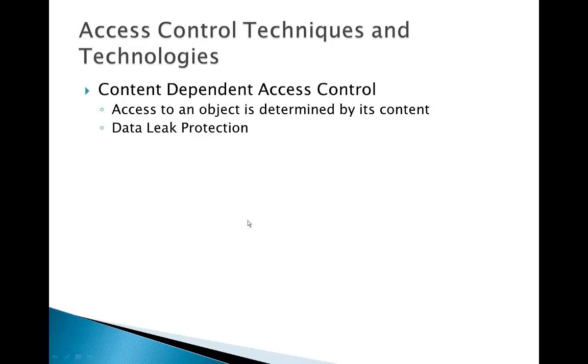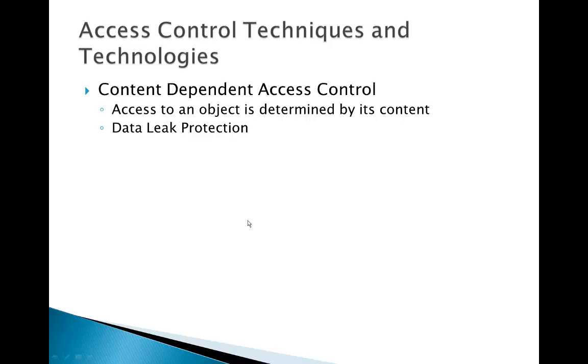Something called data leak protection has been very popular the last few years. What this does is it puts gateways, or in effect sentries or guards, at the exit points for your company's network, looking at email, looking at file uploads, looking at stuff that exits the network, checks out the content of what's going, and if it matches certain patterns, if it's, say, a customer credit card number, an employee social security number, something of that sort, or something that has a label on it that says this is a trade secret, the data leak protection programs will attempt to prevent that from exiting the organization.